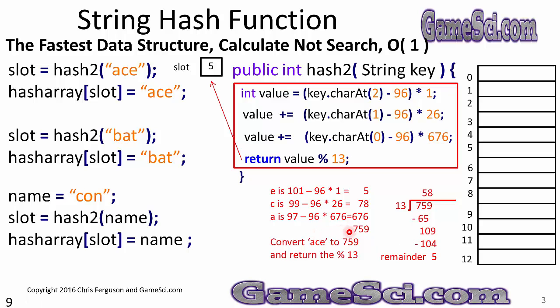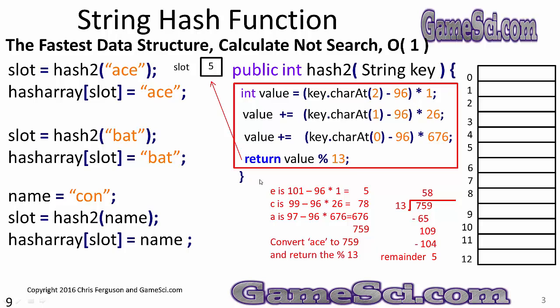So we converted ACE to 759, and now we have to do a modulus of 13. When we divide 759 by 13, if you do the division, it comes out to be 58 with a remainder of 5. 5 is the value we want to return. Do you see what I'm doing? I converted ACE to a number.